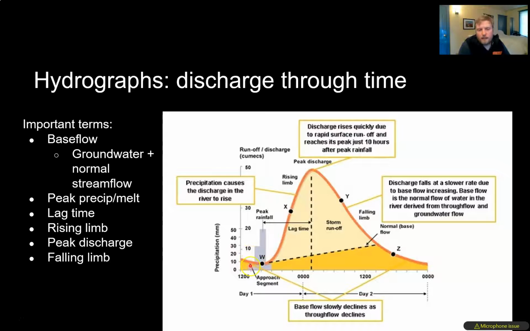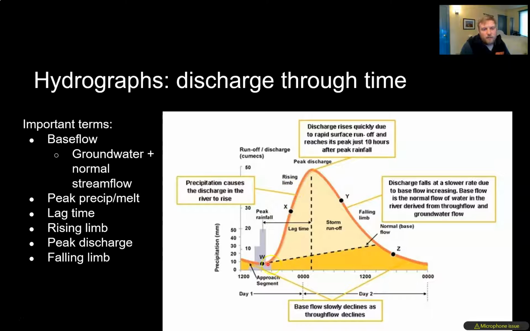So you have an intense period of rainfall, and then it takes a little bit of time for all that volume of water to make it from all the hill slopes and then into the main channel. So there is a lag time between the rise from base flow up to the peak discharge in a river. Okay?